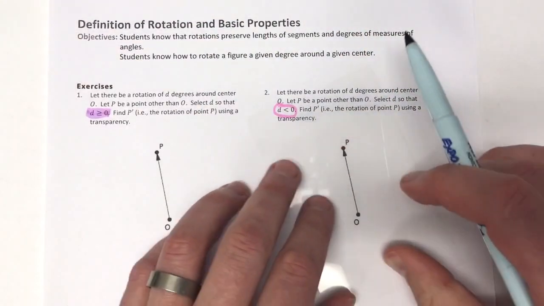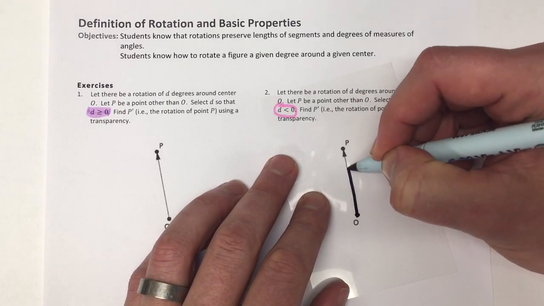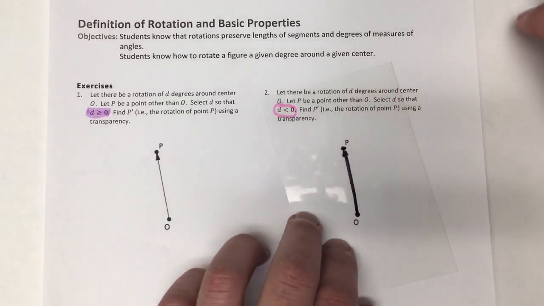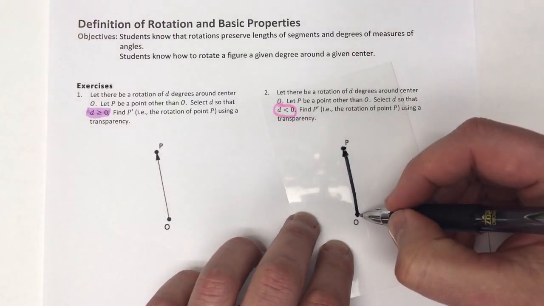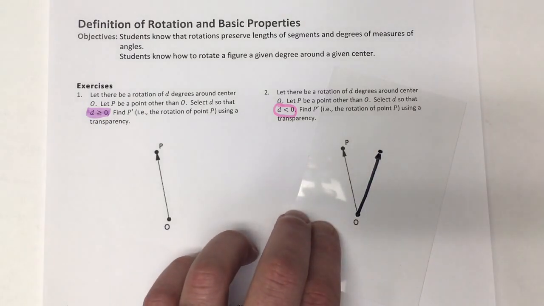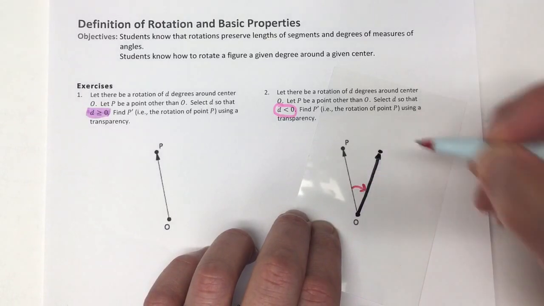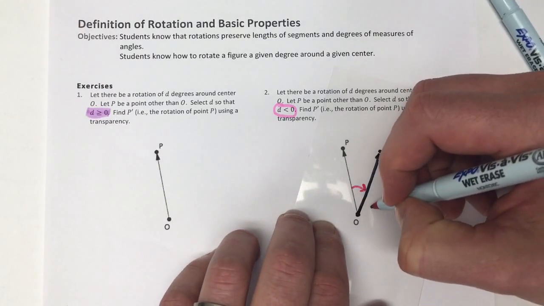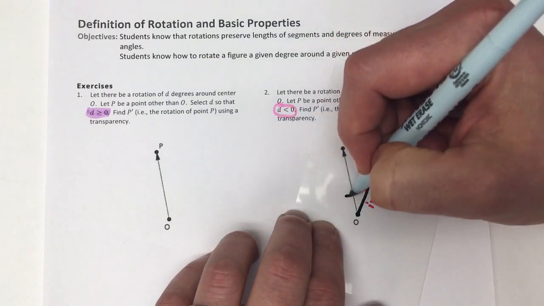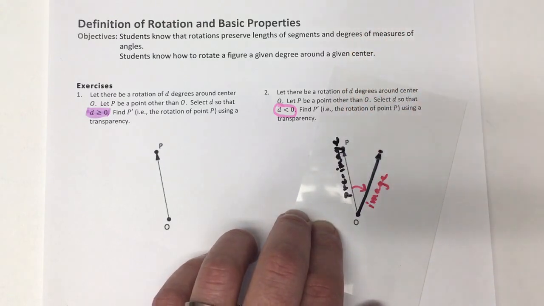The other side: if I want to work with D negative, I worked this way, this being my image and this the pre-image, the original.